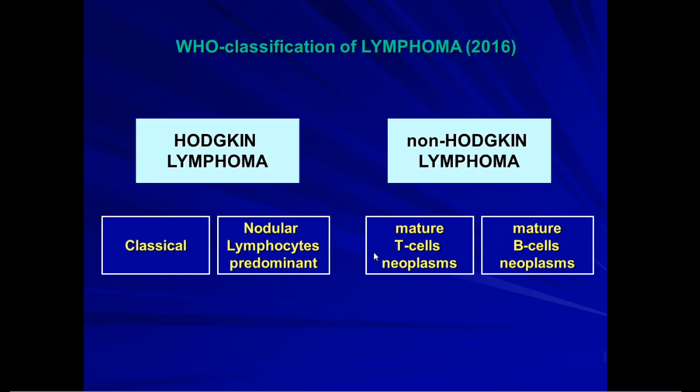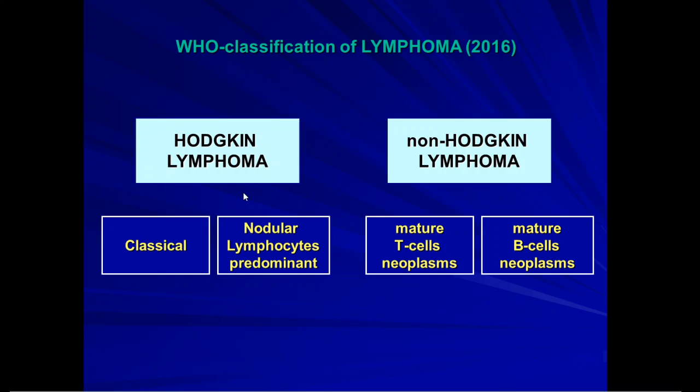Actually, Hodgkin lymphoma is one disease, only one. There are probably 5 main variants, but this is still one disease. And all other types of lymphoma are included in the group of non-Hodgkin lymphoma.